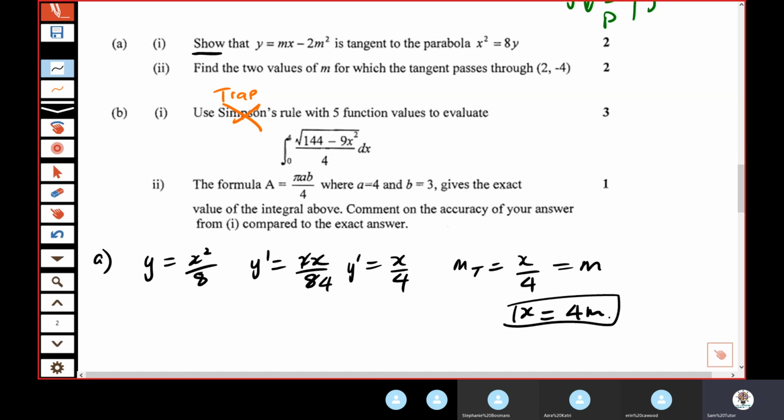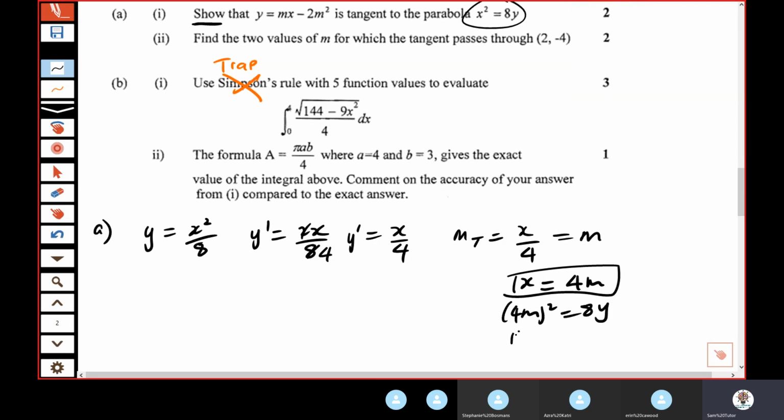For that to occur, if x is 4m, if I sub it back into the original here, x squared, because that means it's got to lie on the parabola, right? Because if it's tangential, it's got to be on the parabola in the first place, your x's and y's. Sub it in, I get 4m squared equals 8y.